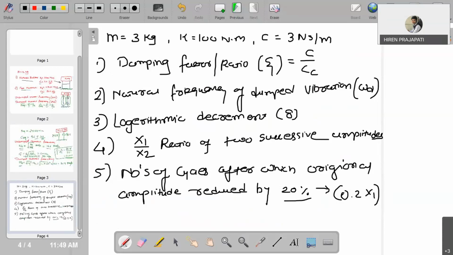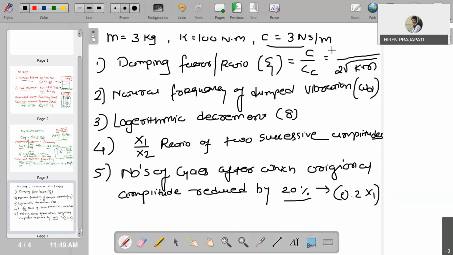Now we have C here. What is Cc? Square root... yeah, for Cc you need to go for 2 square root km. We have both k and m.